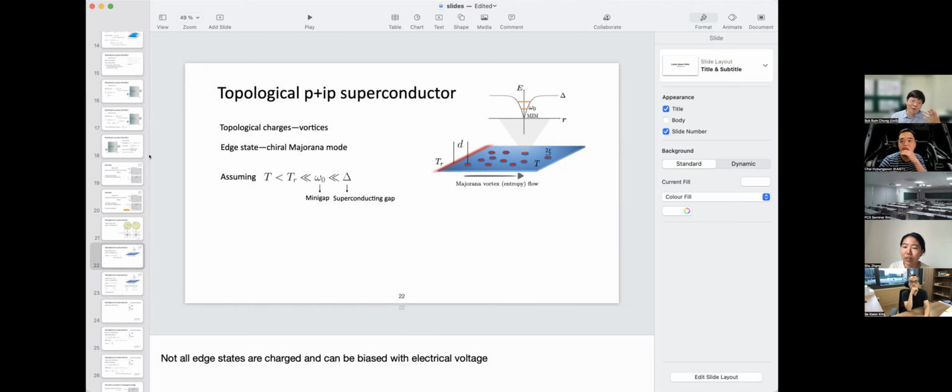Is there any argument for this, or do you think there's no such analogy between quantum Hall and the p plus ip superconductor? Are you saying it's difficult to separate this injection effect from other thermal effects?